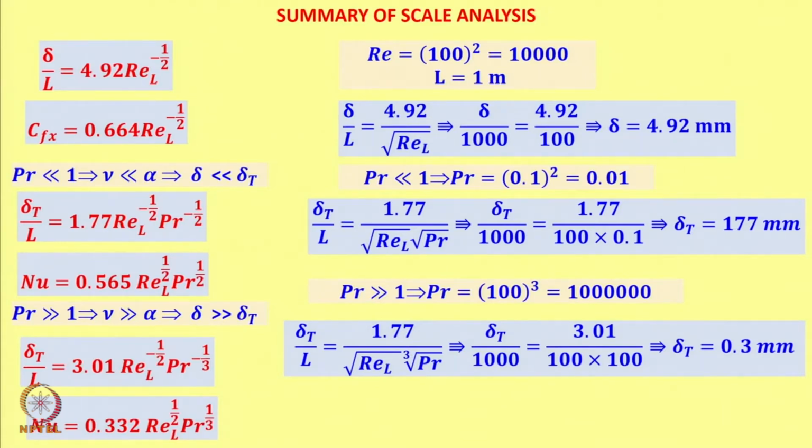This gives us the summary of scale analysis, and the beauty of scale analysis is that it is giving the Reynolds number exponents, the powers, minus half, minus 1 by 3. Those powers are going to help us while plotting my experimental results. I can plot Nu by Re to the power of half, PR to the power of 1 by 3.